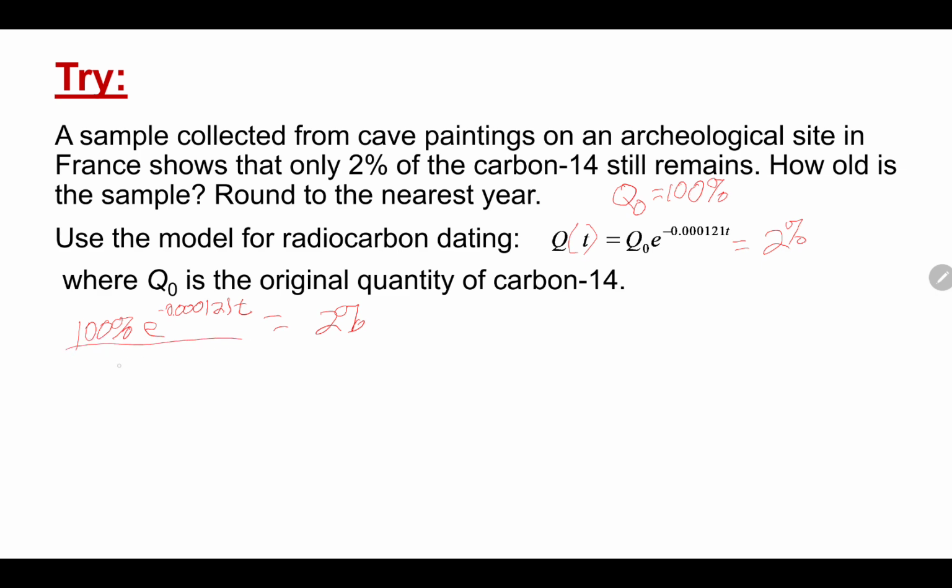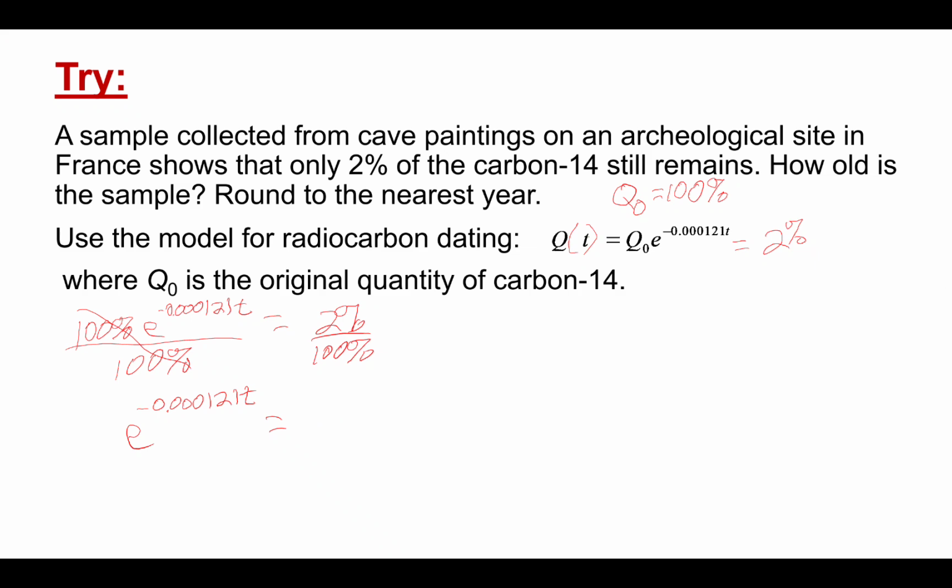Same idea as before. I'm going to divide by 100%. That filters off. I'm left with e to the negative 0.000121 t is equal to, well, we can actually do 2% divided by 100%.